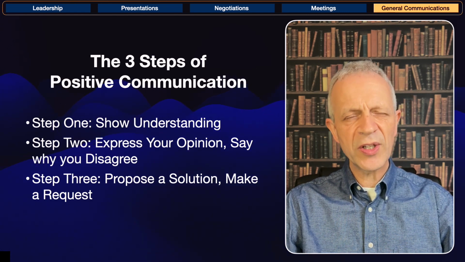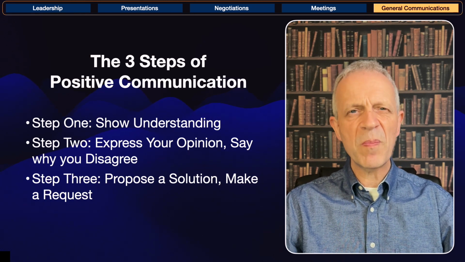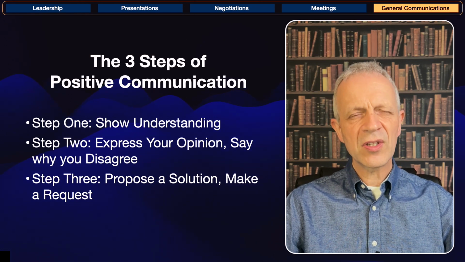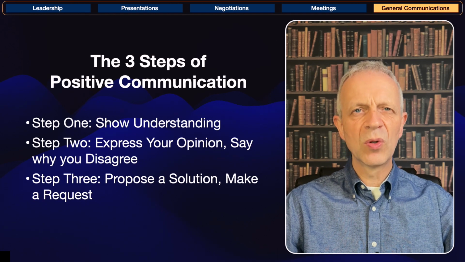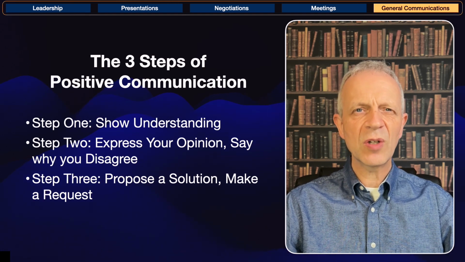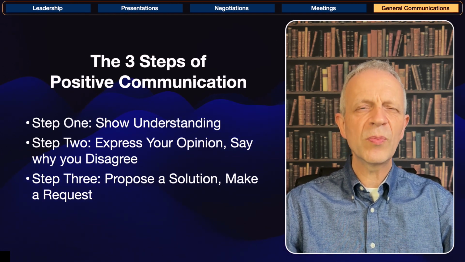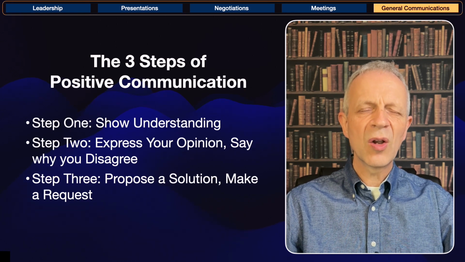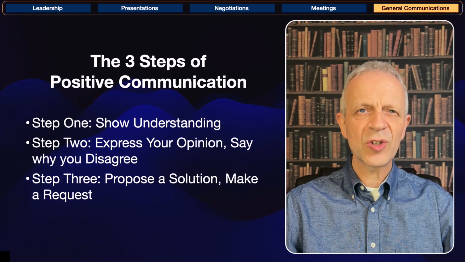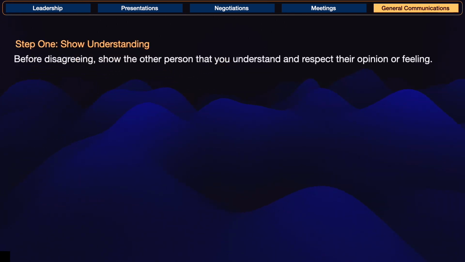And step 3 is where you propose that solution or you make a request. Again, this is a really great, simple 3-step communication method that you can use in almost any situation when you are speaking English. Let's have a look at some more example phrases for each step, starting with step 1.